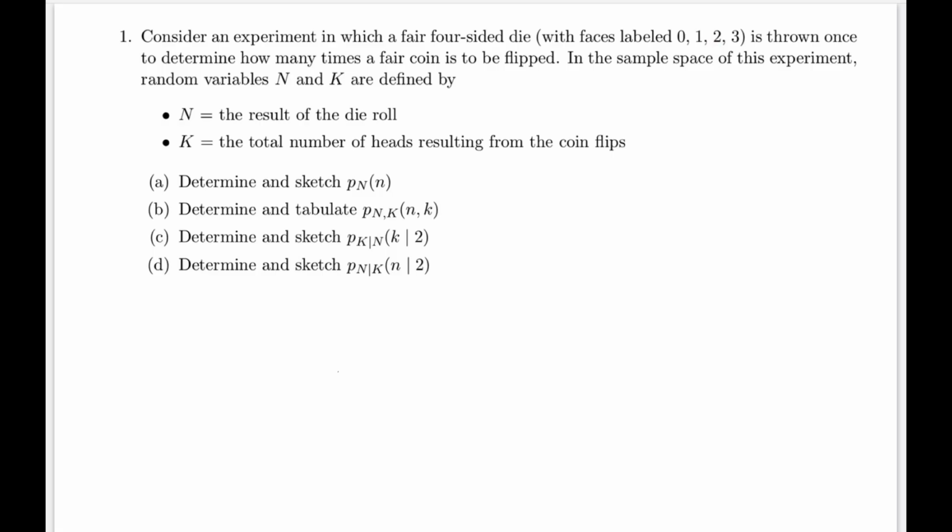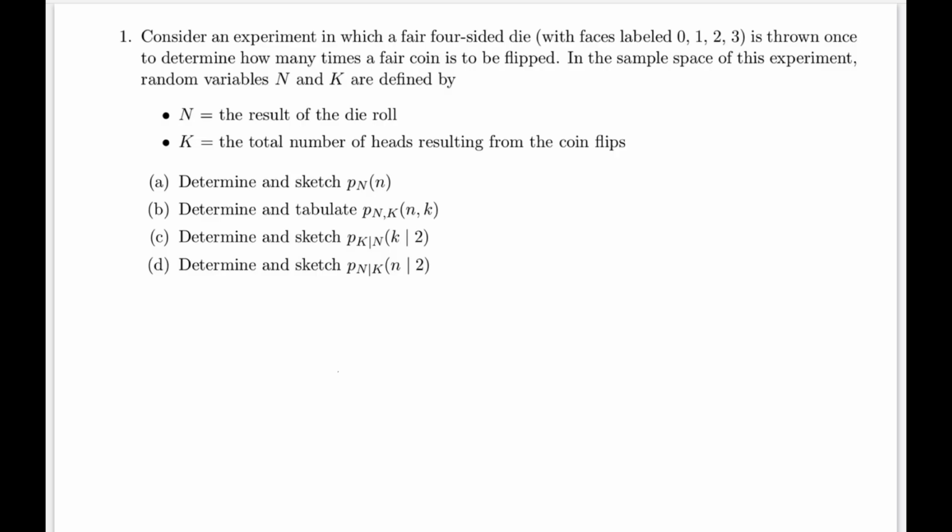In the next step you will flip a fair coin 2 times. Or maybe once you have thrown the die, you will get 3. In that case, in the next step you will flip the coin 3 times. Or maybe on the die you have got 0, so in that case you will not flip the coin.